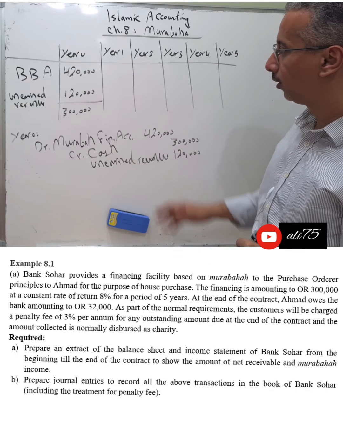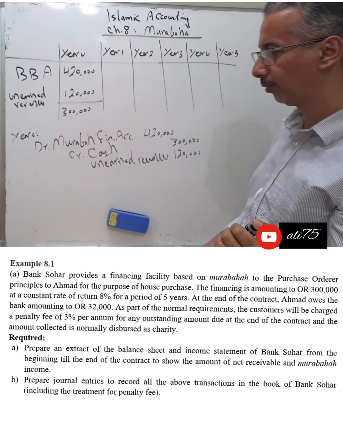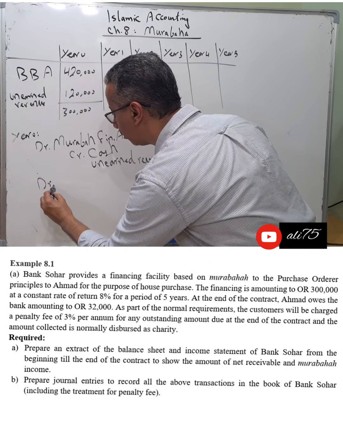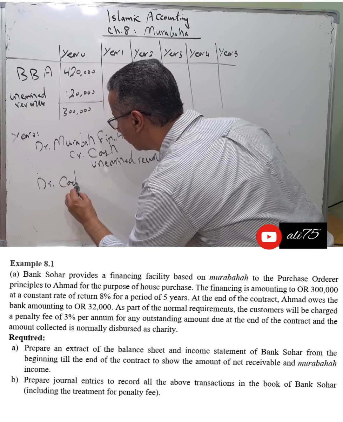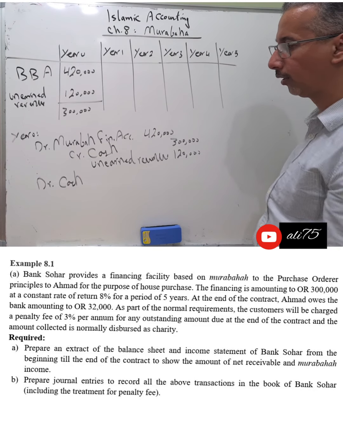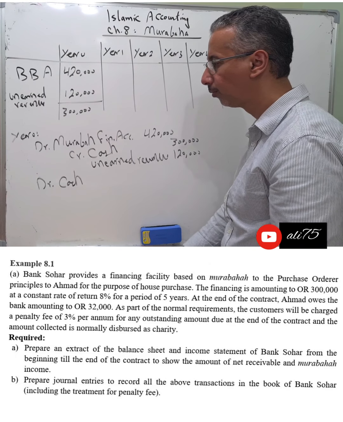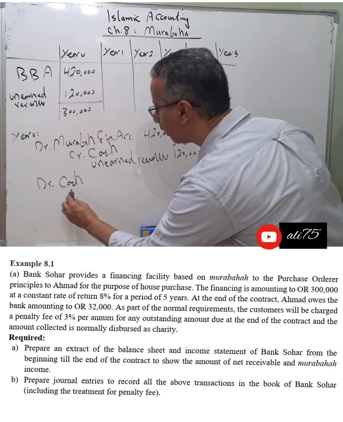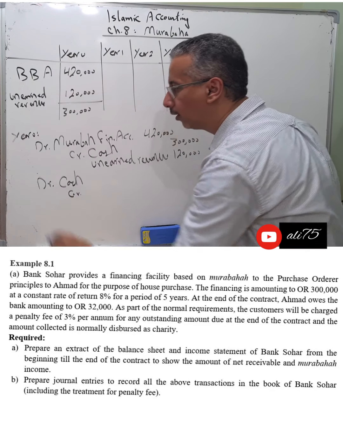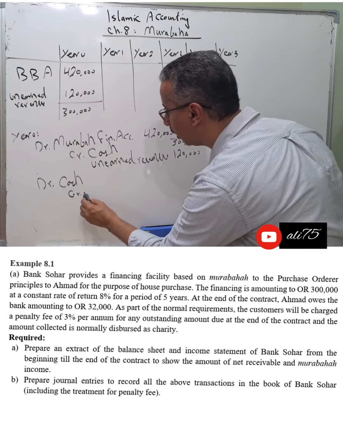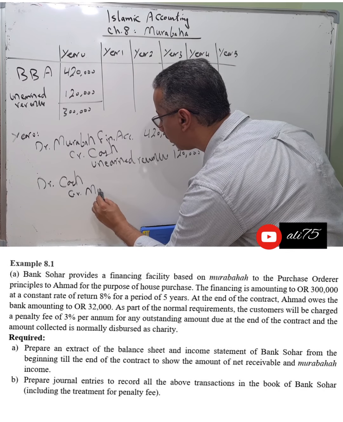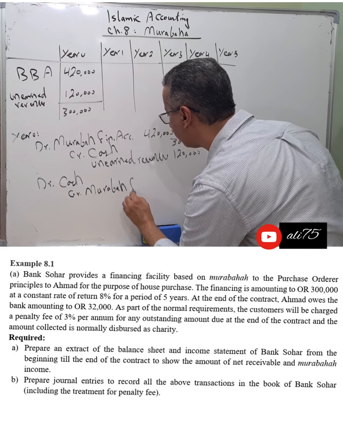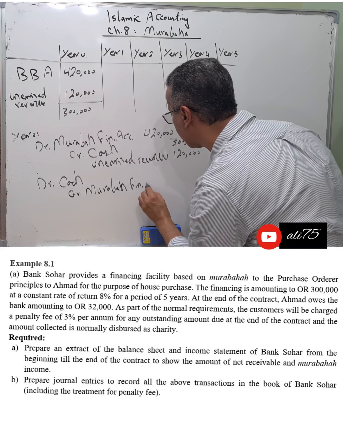In the first year, the customer has to repay the bank. Then the bank will collect some of this amount of the contract in cash. We'll make it in two journal entries: debit cash, credit Murabaha finance account. We have to reduce the Murabaha finance account.